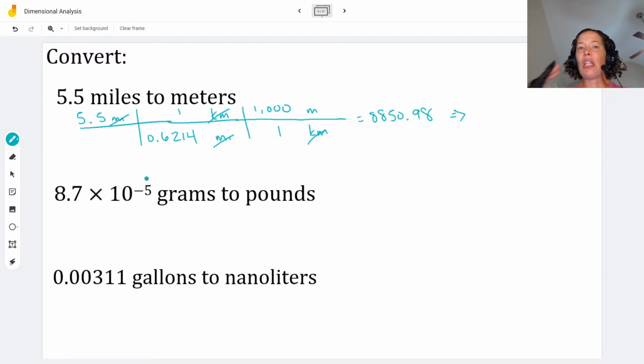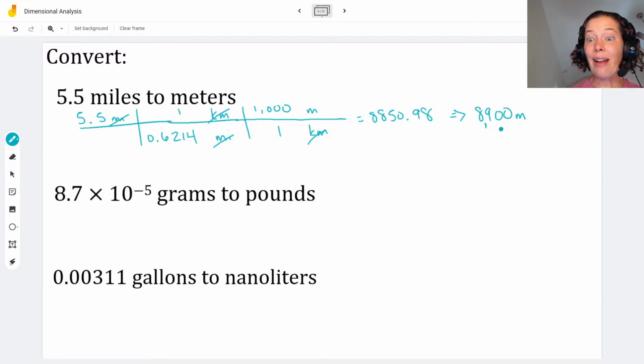And again, it should never limit you. So if I look at my starting number, my 5.5 miles, that has 2 sig figs. This conversion factor has 4, so it doesn't limit me. And of course, my exact conversion factor is never going to limit me. So I need 2 sig figs for my answer. And of course, my calculator gave me a lot more. So I'm going to round to that hundreds place. That is a comma. Or again, scientific notation.